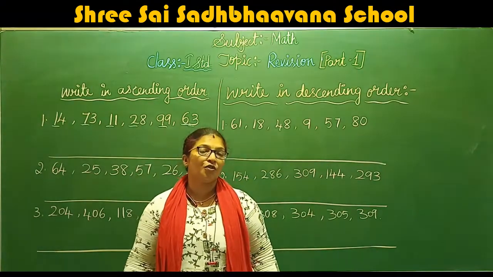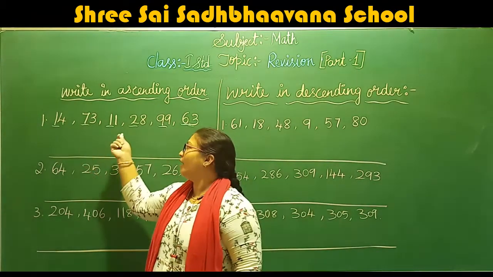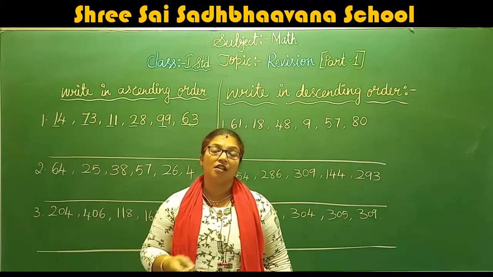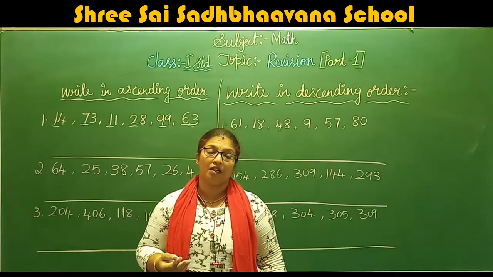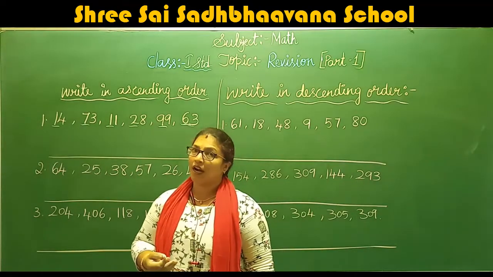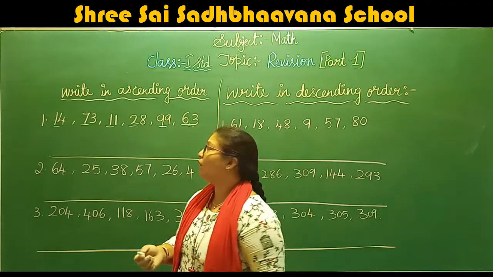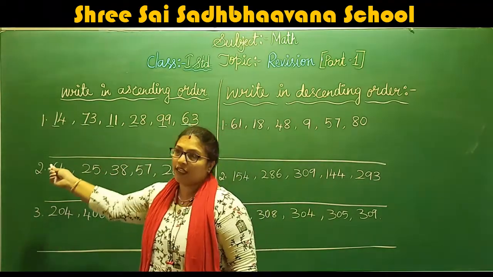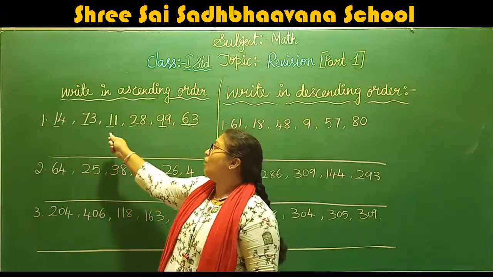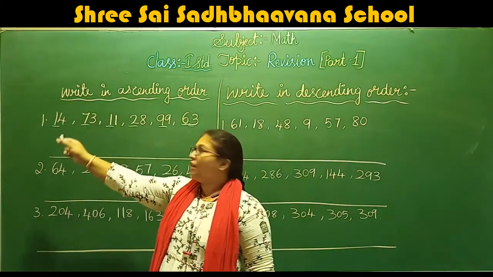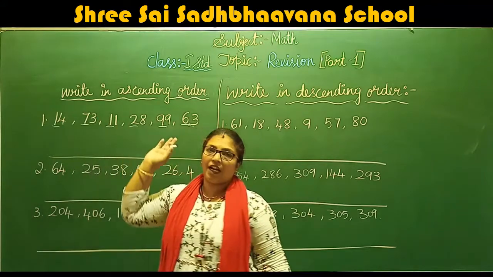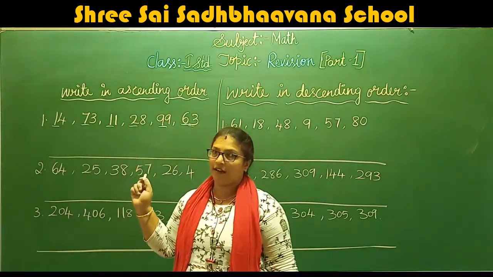If it is 1 and 1, how can you find which is the smallest number? You can't find out, right? The smallest number is 1 only, so we have taken 1 first.